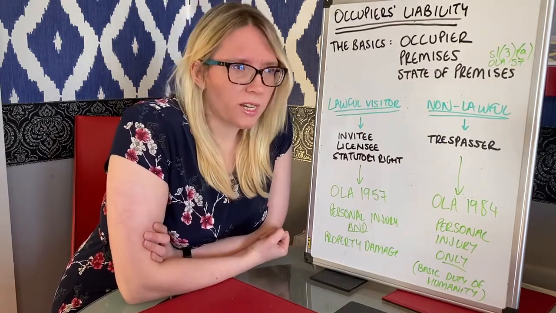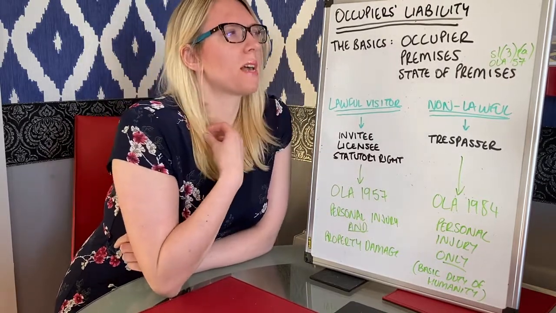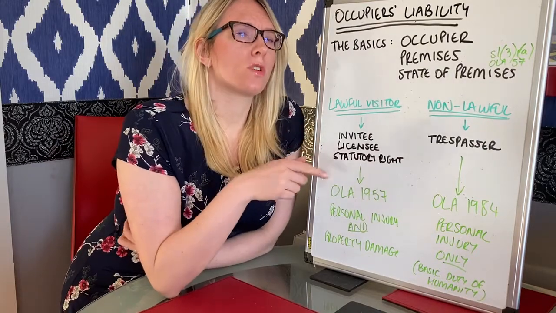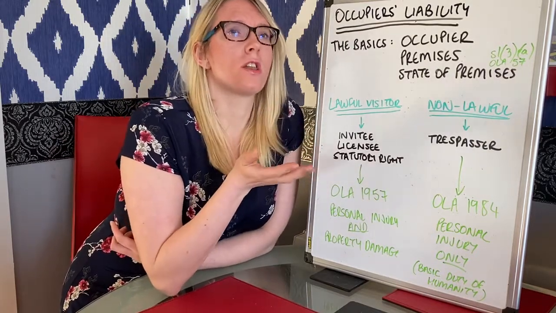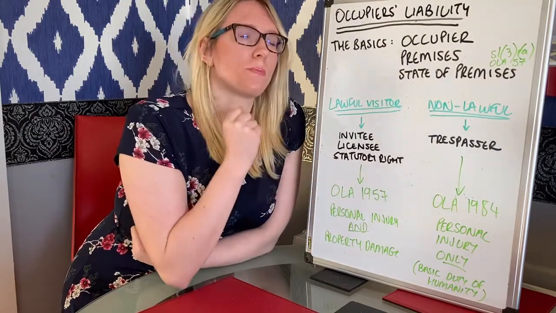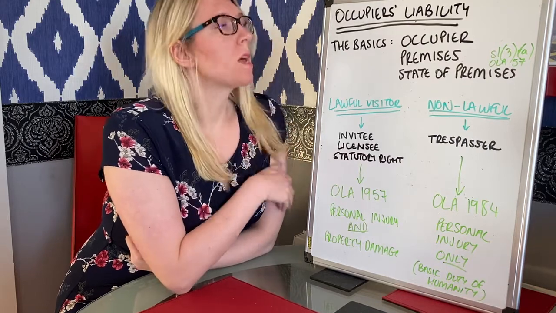So first thing you would need to do, especially if it's a problem scenario, is state that with some case examples and then decide who are the occupiers and then who would the claimant sue if there's more than one. Now there might just be one, which makes it easy, or there might be more than one. So remember, sue the person who is responsible for the thing that harmed them.